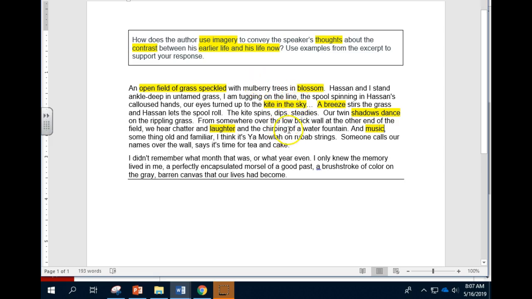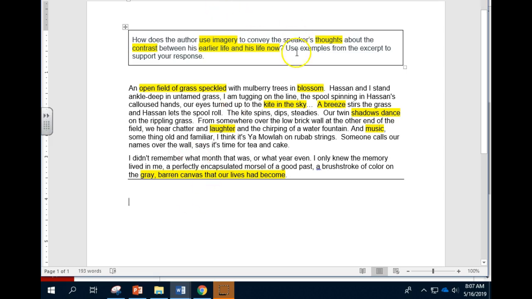So that's not about his life now. It literally uses the word past. "A brush stroke of color on," here's the key, "gray, barren canvas that our lives had become." Gray and barren, especially.